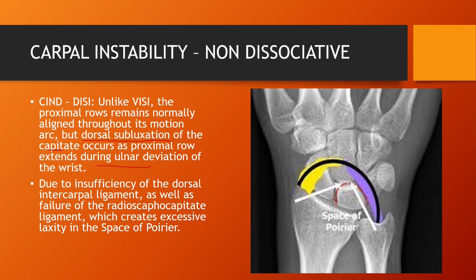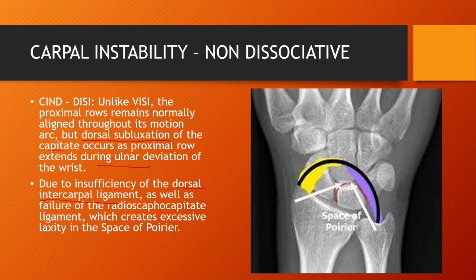As the proximal row of carpal bones extends, goes through its normal range of motion from flexion to extension as the wrist goes from radial to ulnar deviation. And this is due to insufficiency now not of the ventral carpal ligaments, but now of the dorsal intercarpal ligament, the ligament that goes and spans between the proximal and the distal row of carpal bones.